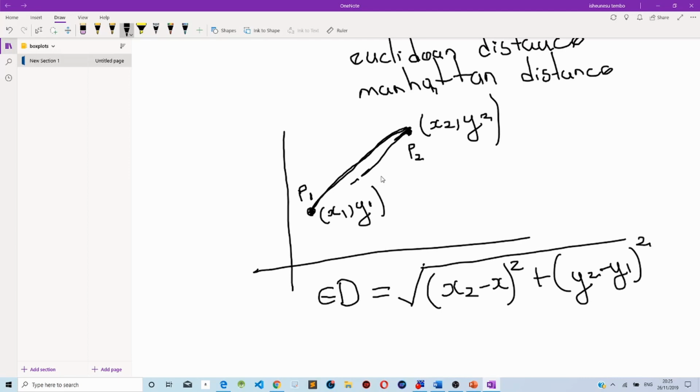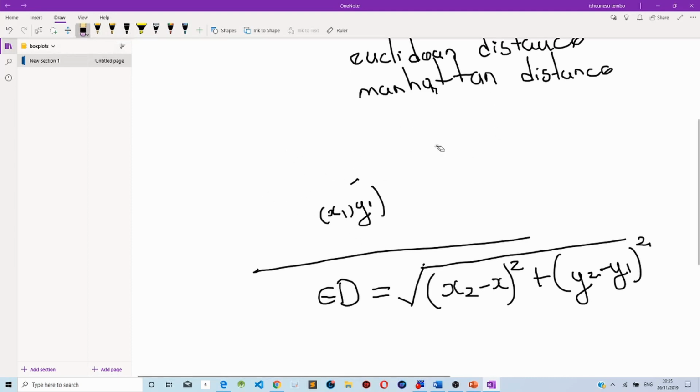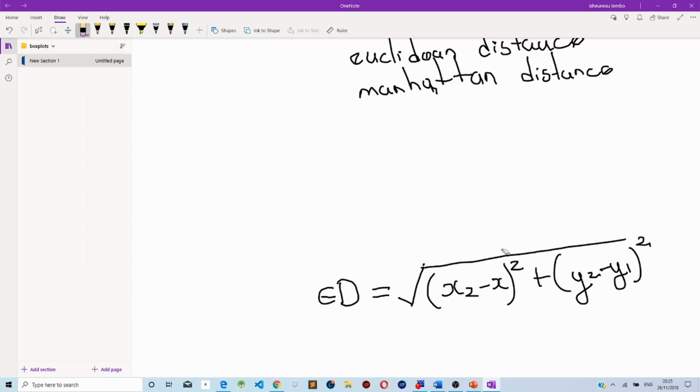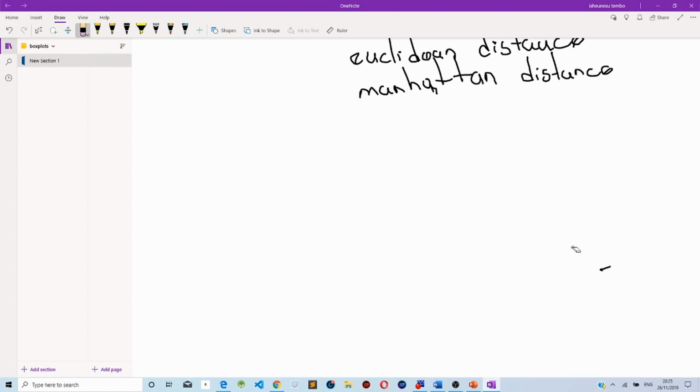So that's how we calculate the Euclidean distance between these 2 vectors. This is how our algorithm calculates the distance between two points in a k nearest neighbor algorithm.